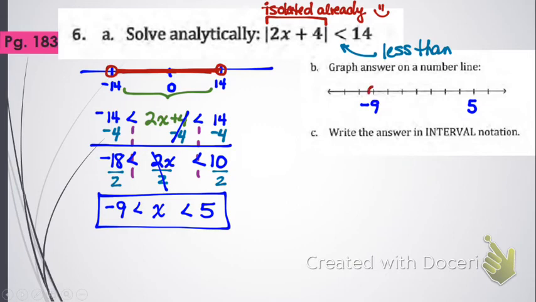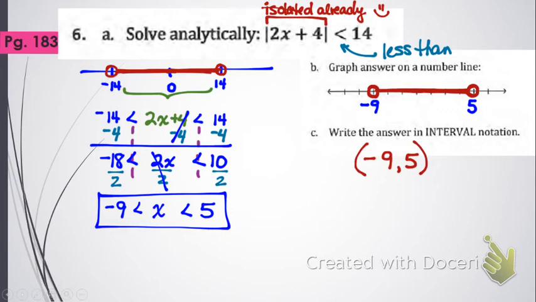Open, because we don't have that or equal to underneath it. Where am I shading? All in the middle. Because I shade the things that x could be, and because x is in between those two, I shade in between. So I heard negative 9 and 5. Parentheses or brackets? Parentheses.